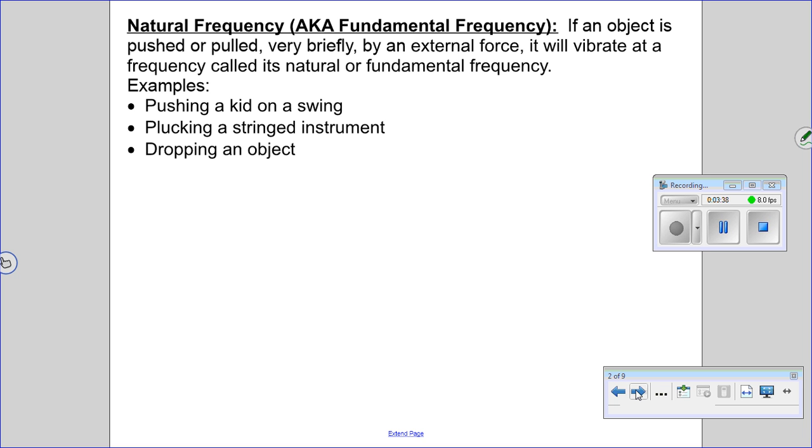Natural frequency is why when I drop stuff, you can tell what it is by the sound it makes. Okay, I'm going to drop some stuff. Tell me what it is. You ready? Here's item number 1. A quarter. Some sort of coin. Here's object number 2. Tell me what it is. Don't look at me, cheater.